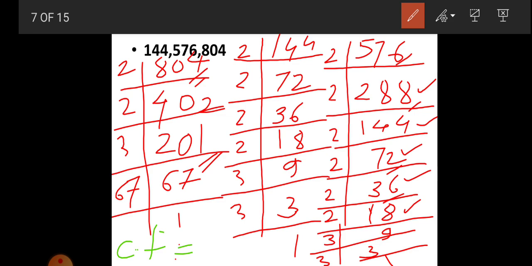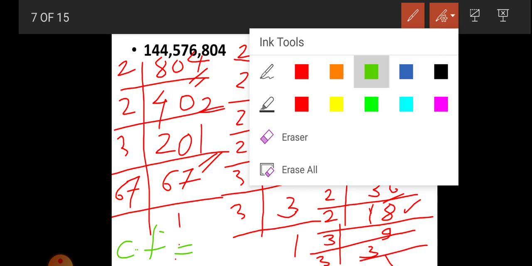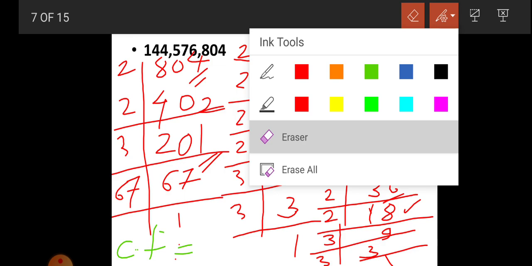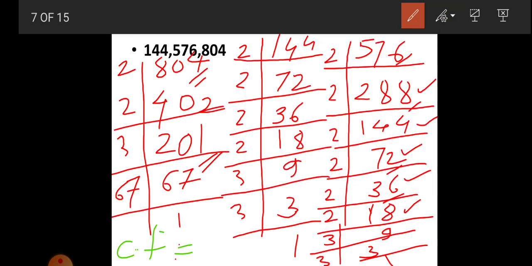So the common factor is 2, 2. Common factor means, in the three numbers 144, 576 and 804, which factors are common to all three, that's what we take out.